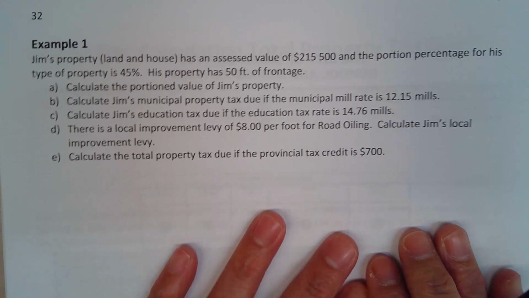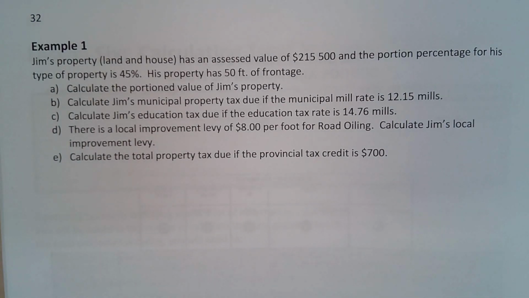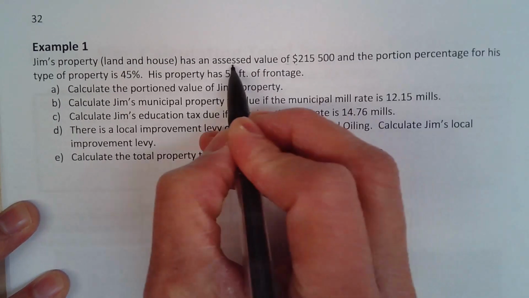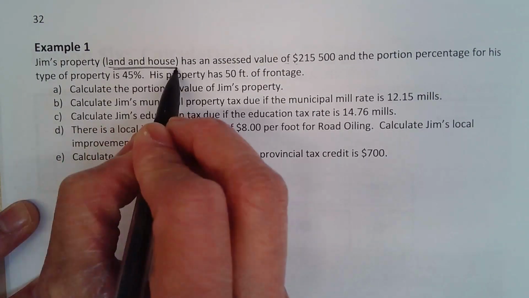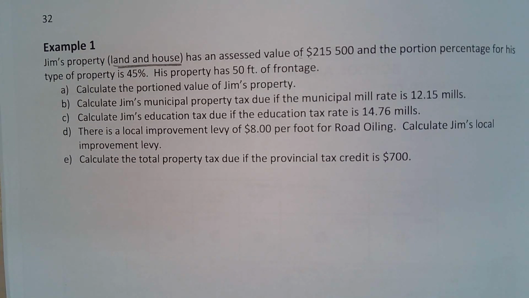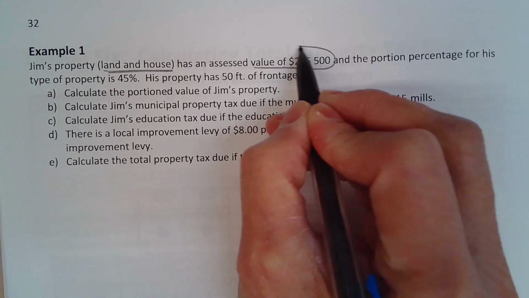So example 1. Jim's property, land and house, has an assessed value of $215,500. Can you see over here, they already clump them all in one? They're not separate anymore. So the land and the house together, the value is $215,500.